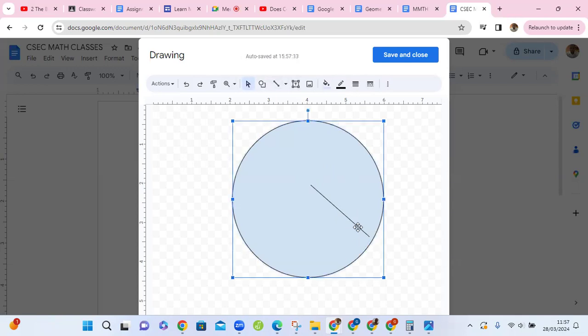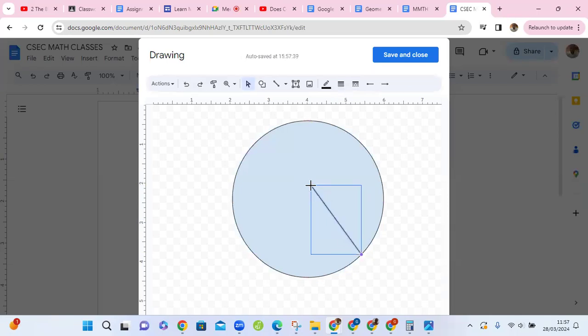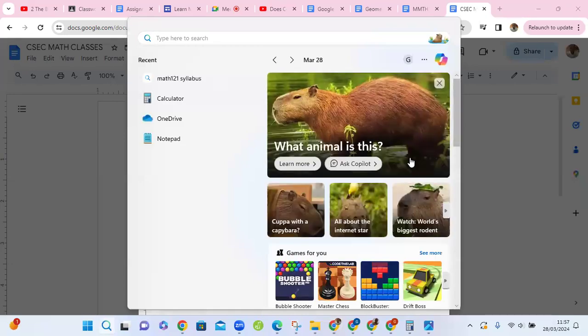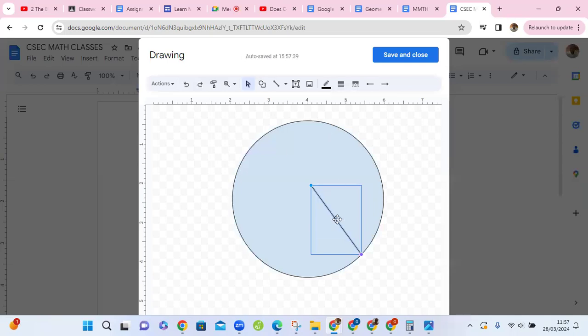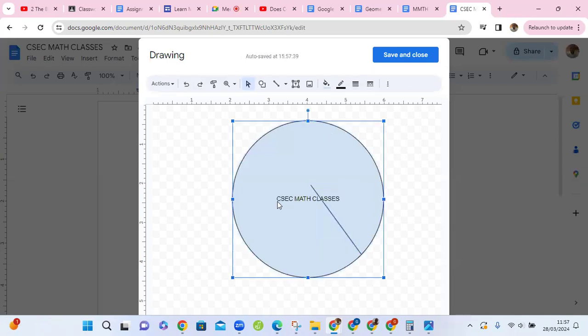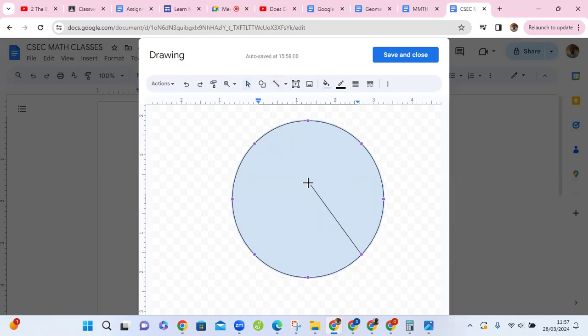Put it there. I can copy and paste it. No, sorry about that. That's not what we want. I'll have to draw another line. And we need to draw another line.